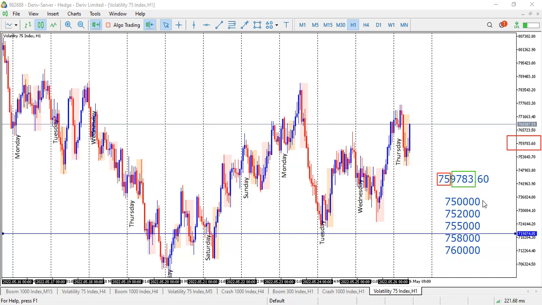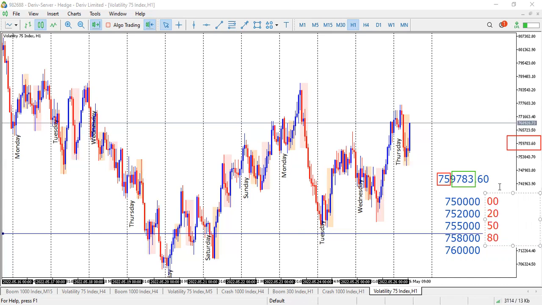This is our 00 level, our 20 level, our 50 level, and our 80 level. And 00 level again.